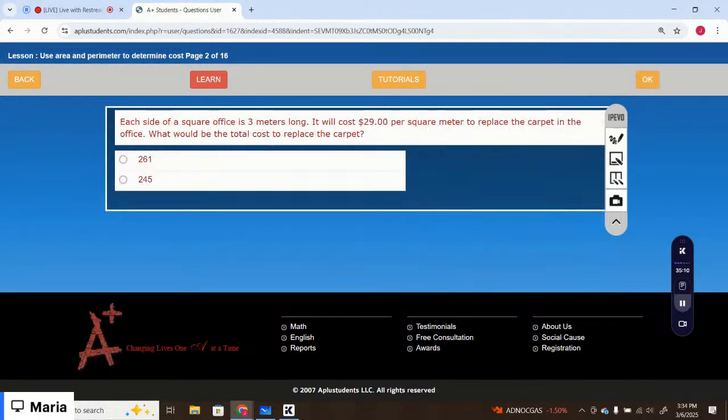The inside of a square office is 3 meters long. It will cost $29 per square meter to replace the carpet in the office. What would be the total cost to replace the carpet? So you have to calculate the cost of carpet.